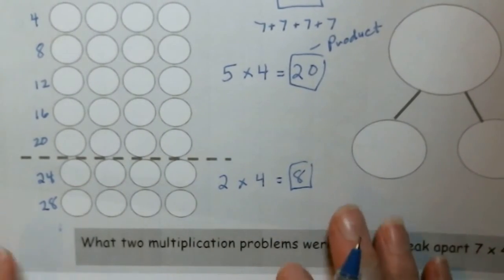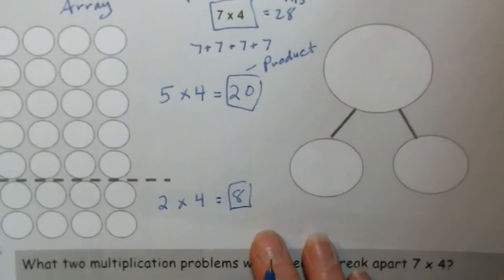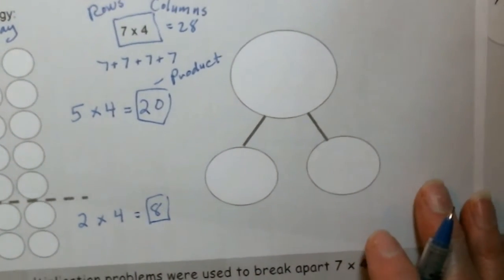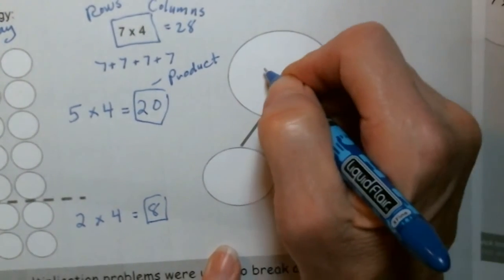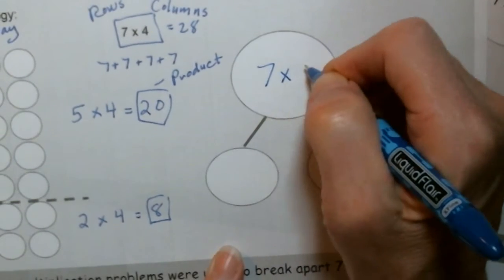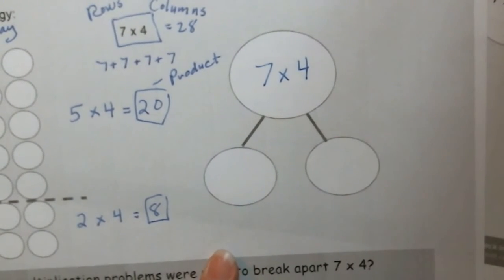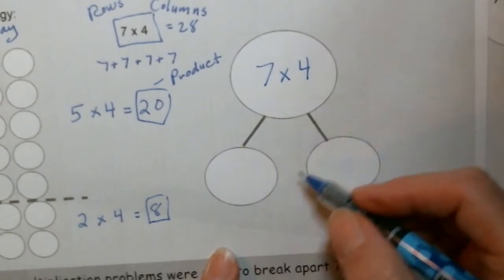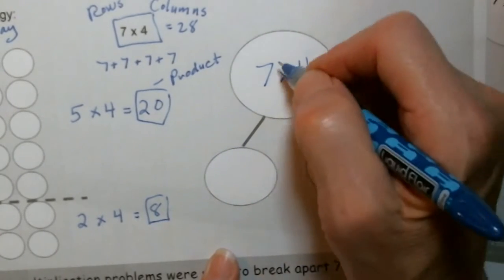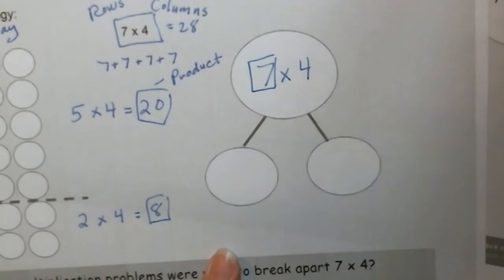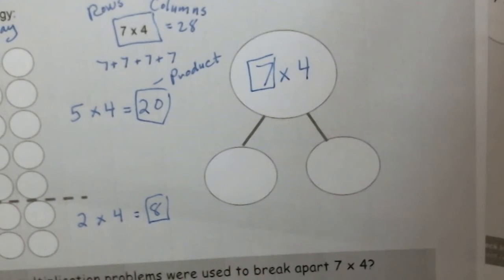Now this is called a number bond. It's like the break apart because you start with your whole multiplication problem and you break it into 2 smaller ones. So we take this factor, 7, and I think of what numbers add up to 7, because that's how I'm going to decide to break apart.